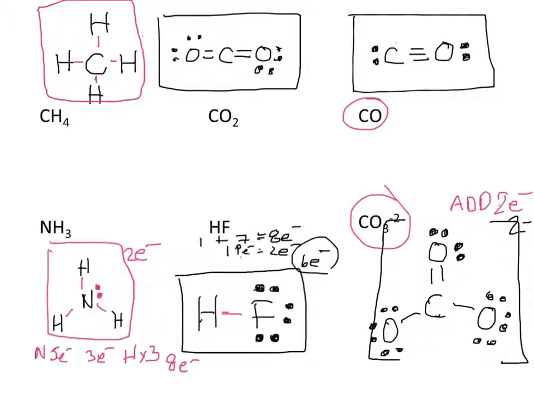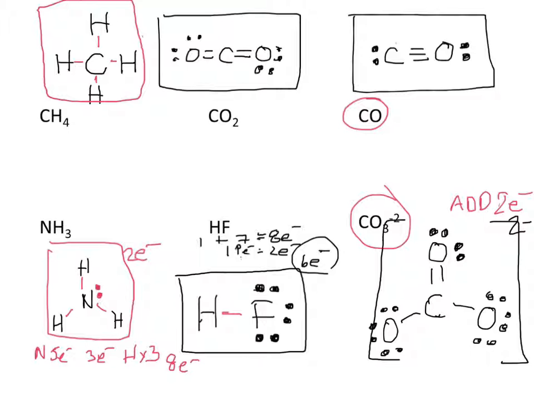Remember, each one of these oxygens normally brings in 6, so it'll be 6, 12, 18. The carbon brings in 4, which is 22, plus 2 more is 24. And if you add up all the electrons now here, you have 1, 2, 3, 4, 5, 6, 7, 8, 9, 10, and then 12, 14, 16, 18, 22, 24.